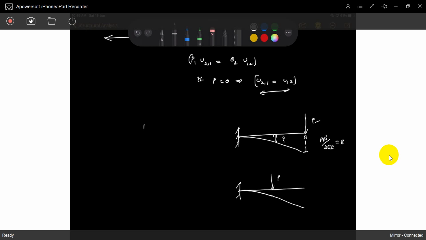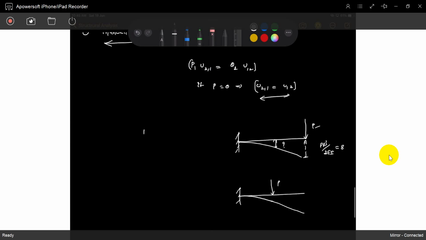What is my intention? The P force and Q force are equal. If you see the force applied at some location, we want the deflection at another point. So now we applied another same P force at this location. We can calculate this deformation.